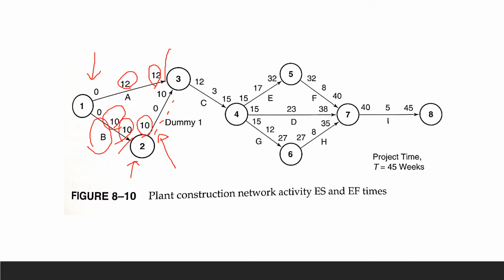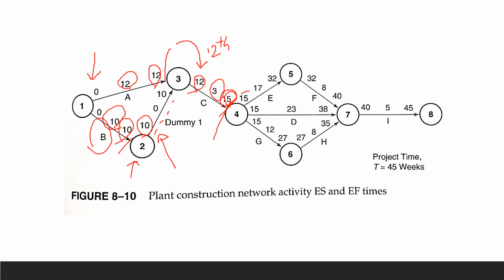So now from week 12, we're coming into here, and that is your 12th week. And we're going to use 3 more weeks to finish our activity C. So now our total is 15 before the note.